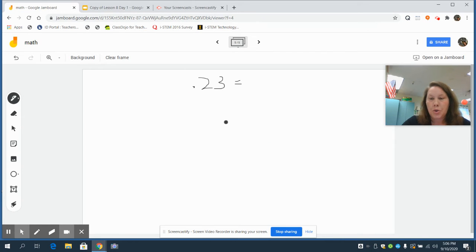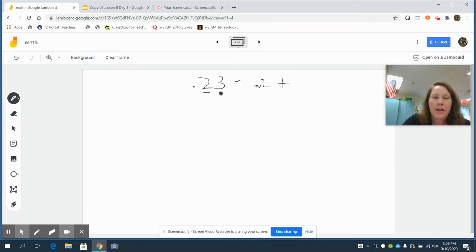So you've got 0.23. The first thing I want to do is put that in decimal expanded form. So I'm going to look at my first digit, which is a 2, and it is in the tenths place. So in expanded form, I will pull out that 0.2, and then plus.